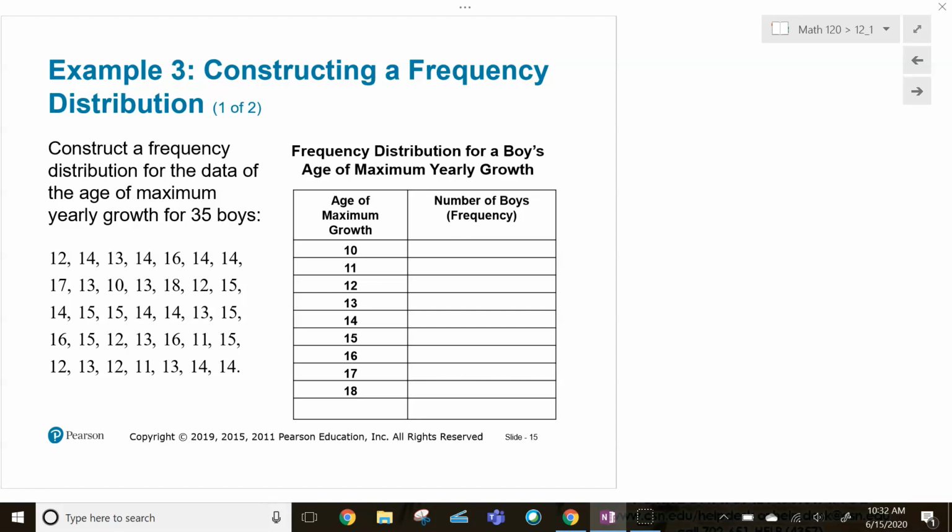On the left-hand side, we're going to classify the age of maximum growth. How many boys were age 10? Looks like there was one boy age 10 who grew the most when they were 10 years old. How many age 11? Two age 11. How many age 12?